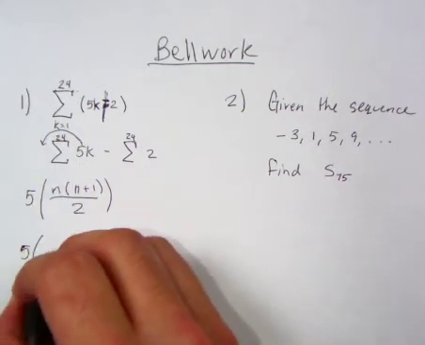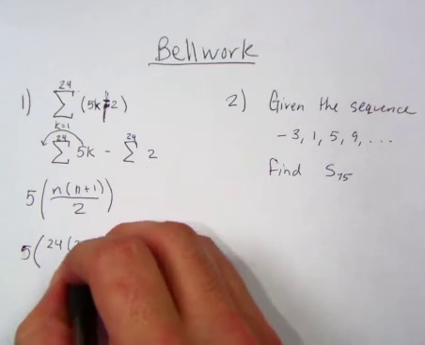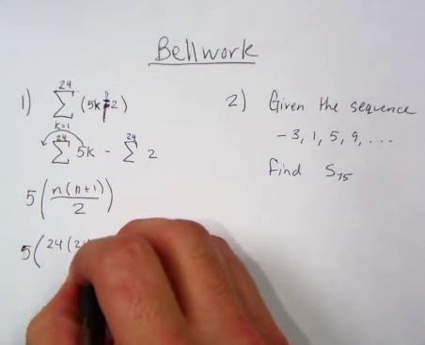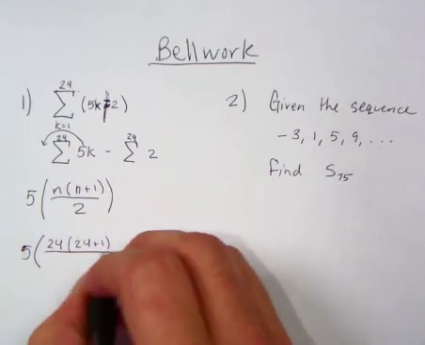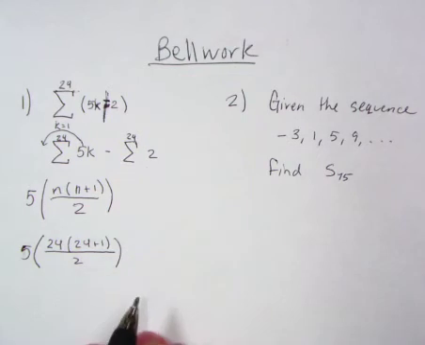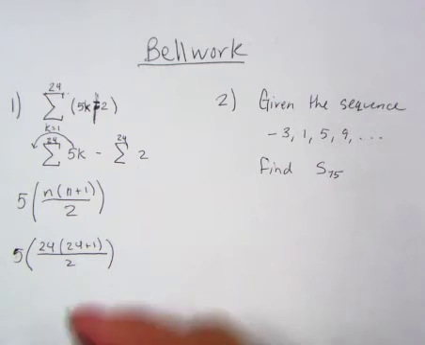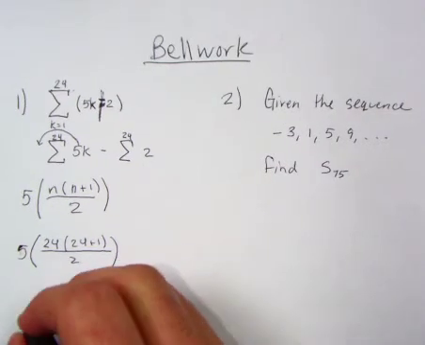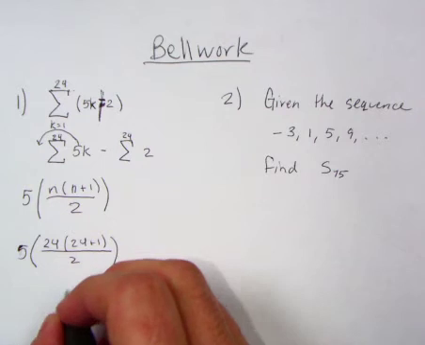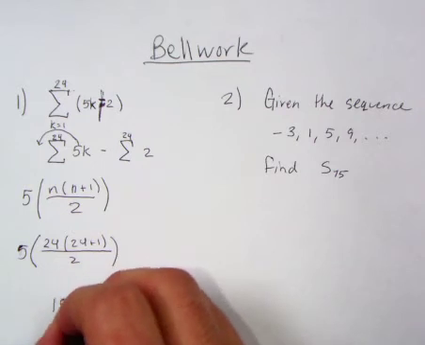So I have 5 parentheses 24 times 24 plus 1 all over 2. I'm going to need a calculator, but 24 plus 1 is 25. And so you have 24 times 25 divided by 2 and then times 5. And so what ends up happening here is the summation of that first part is 1500.